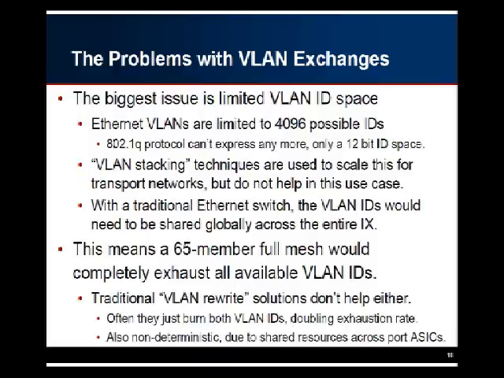And even though some of the switches that are being run can actually do layer 3 and MPLS, in straight layer 2 space, those VLAN IDs are global across the system. So scalability-wise, if you actually tried to have VLANs between every member in the exchange and have them be unique, at 65 members, you'd actually fill up the namespace and you'd have a problem.